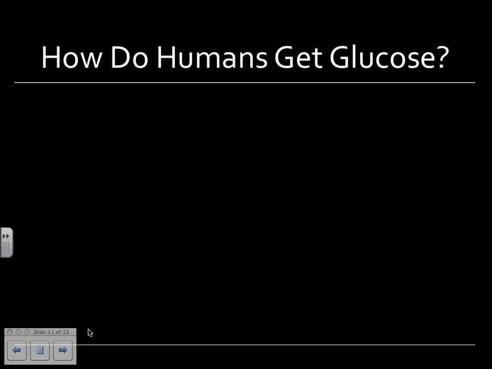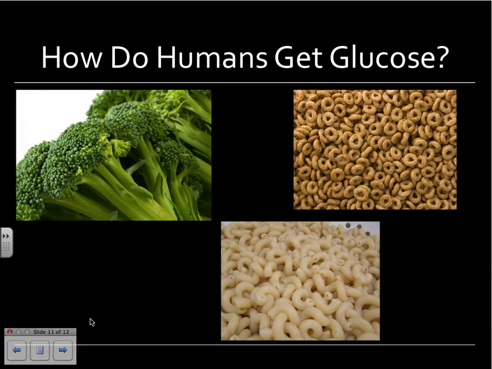The next question you may get from students is, how do humans get glucose? We get it through the foods that we eat. So vegetables, cereals, pastas. We even get glucose from some of the meat products that we eat. So for example, if you were eating a beef product, the cow had to eat grass, which had glucose, and then it took in glucose, and it probably didn't use up all of the glucose that it was taking in.